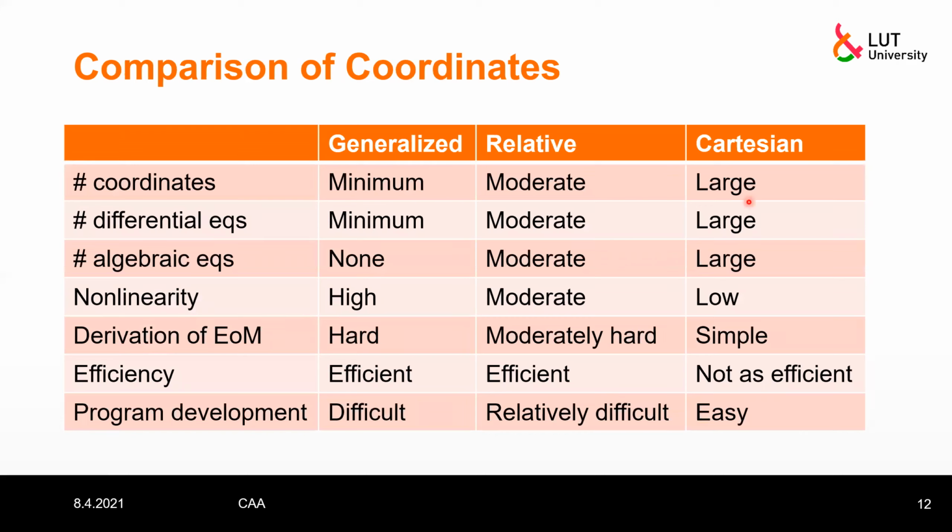However, we assume we have modern computers, so the system is just large, but nonlinearity is low. And what is most important for us: derivation of equations of motion is simple, and program development is easy. Therefore, despite that they might not be as efficient as other choices, because of the ease of writing programs, we'll choose them for our further work.